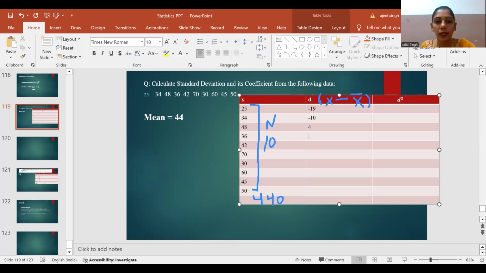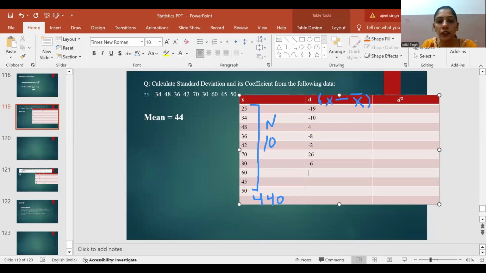Again 36 minus 44, basically it is minus 8. Now 42 minus 44, it is minus 2. Now 70 minus 44, it is 26. 30 minus 44, it is minus 14.